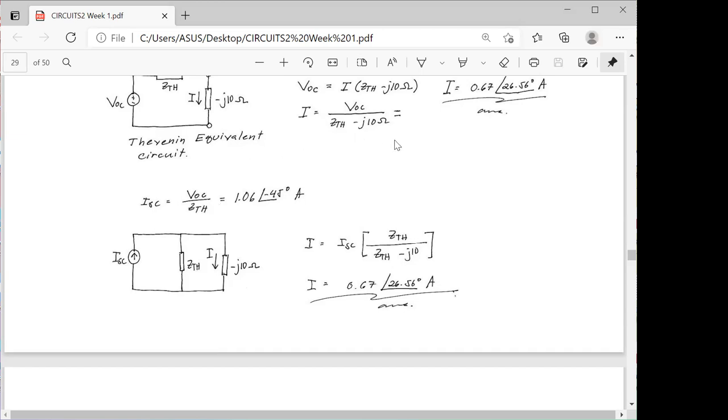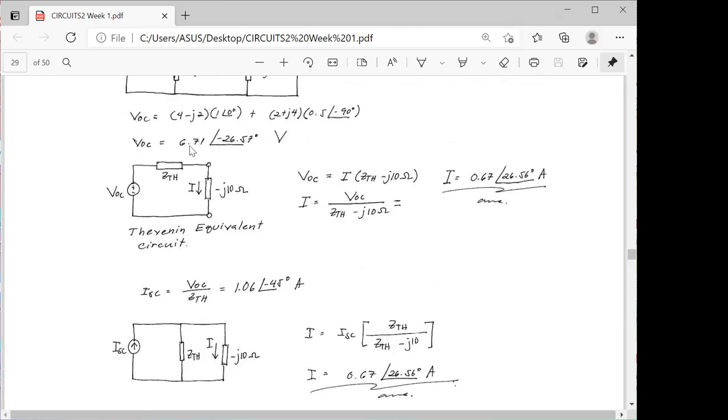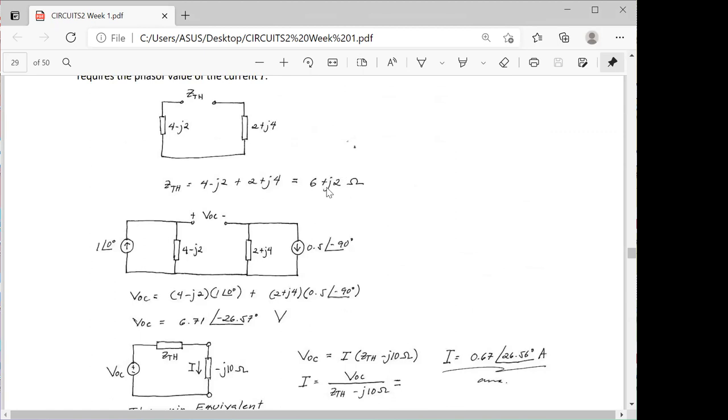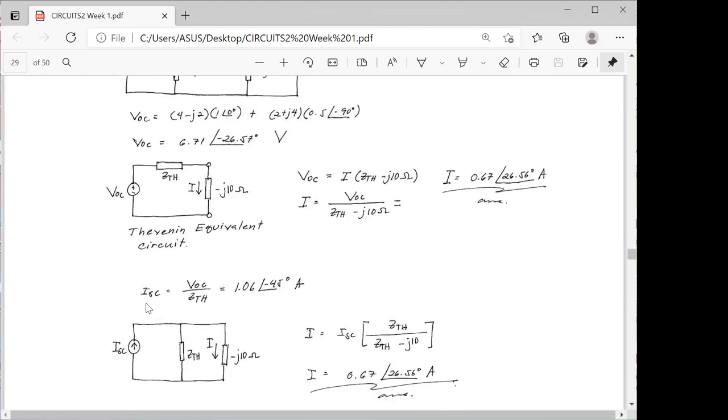So substituting the value of our VOC, which is 6.71 angle negative 26.57, as well as our looking back impedance or Thevenin's equivalent impedance, which is 6 plus J2 in here, we can simply say that our short circuit current is positive 1.06 angle 45 degrees ampere.